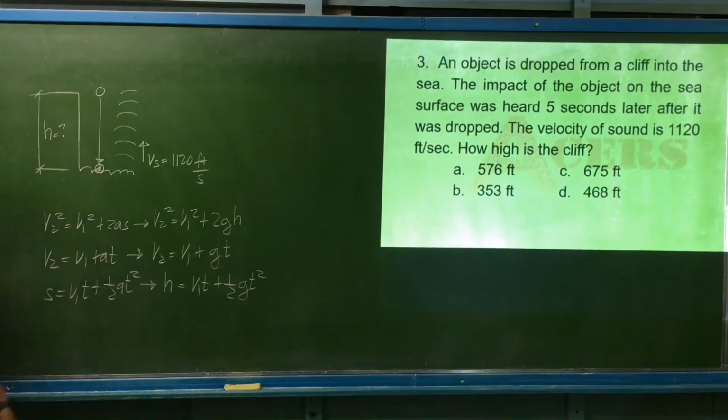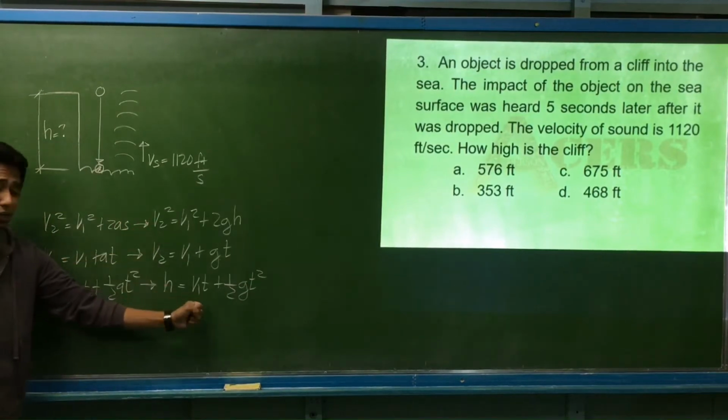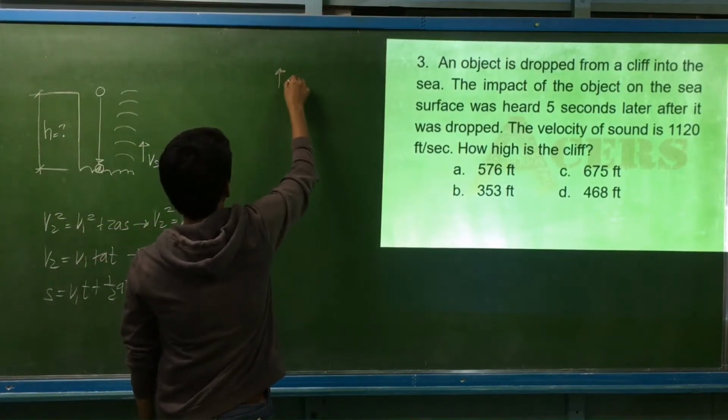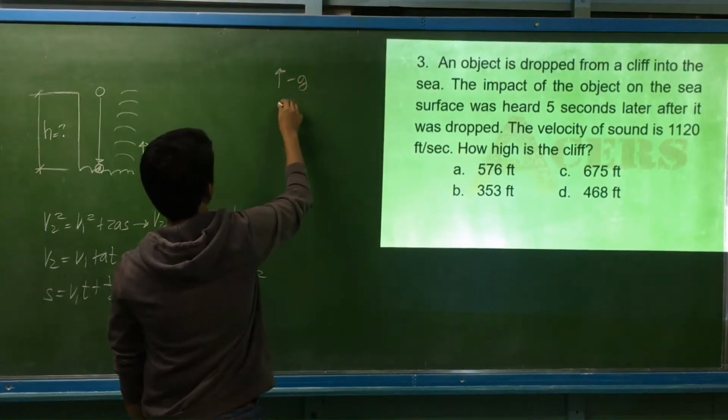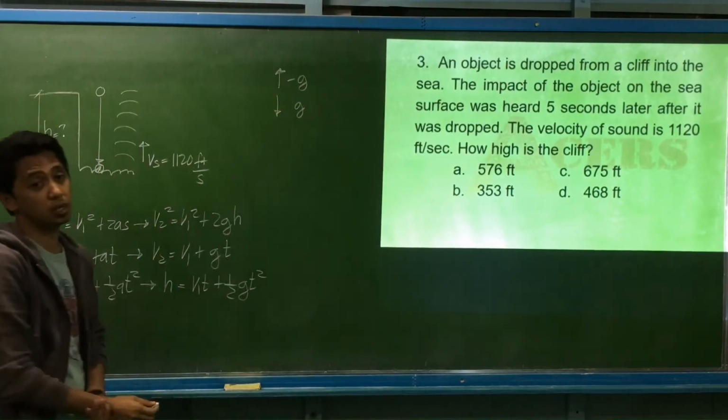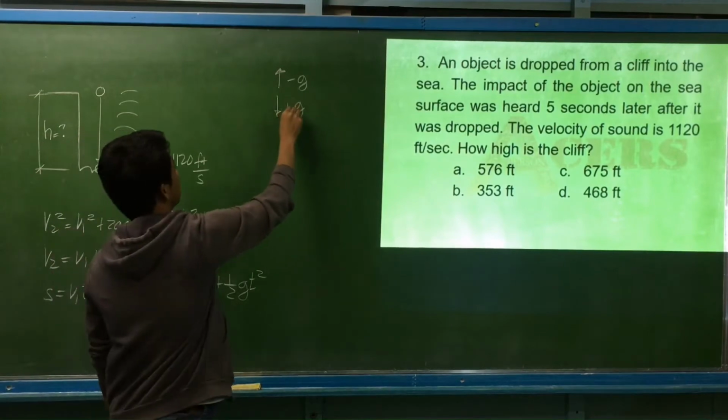So this is just the appearance of the equation if we are dealing with vertical motion. Our sign convention: if the motion is upward, I'll be assuming negative g, and if the motion is downward, I'll be assuming g is positive.